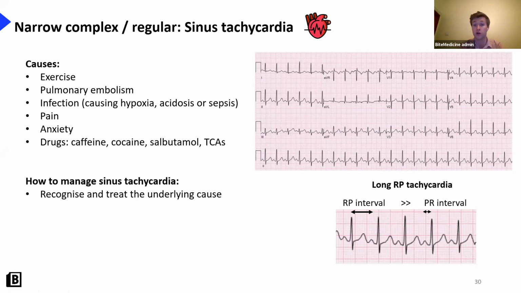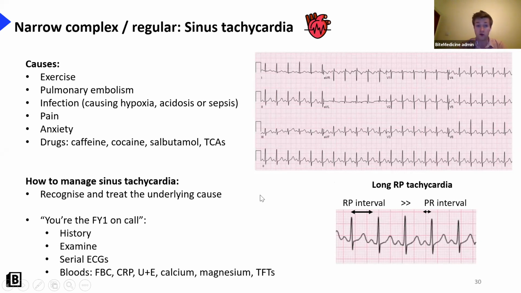Okay, and we'll have a look later on at what a short RP tachycardia looks like. The reason I've included this is one of the cardiologists that I worked with on my previous job was quite particular about these, and I felt I'd honor him by including it in this PowerPoint.